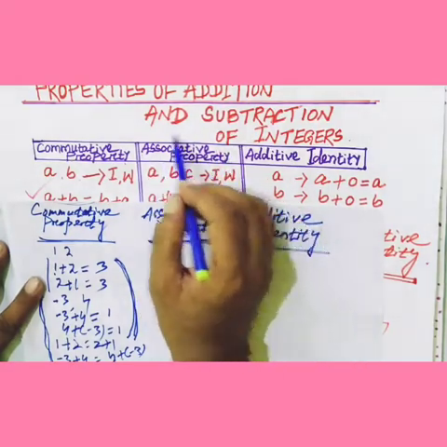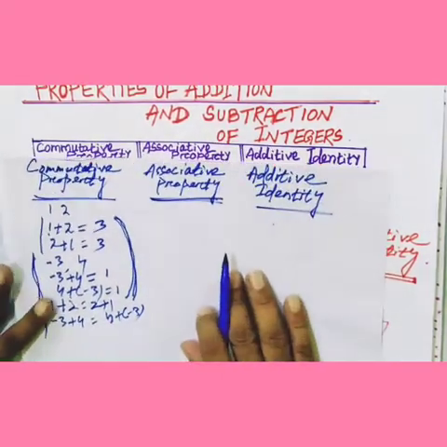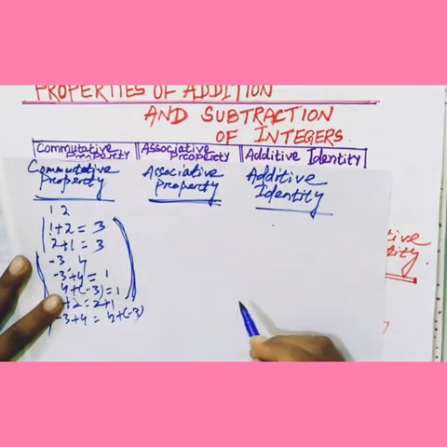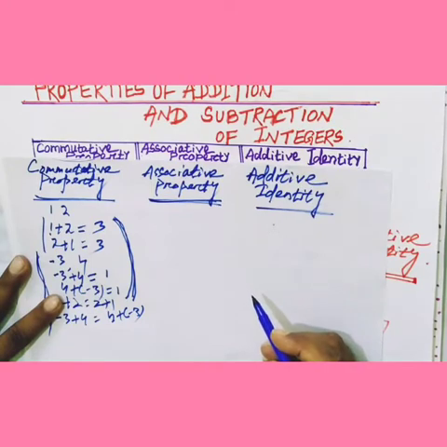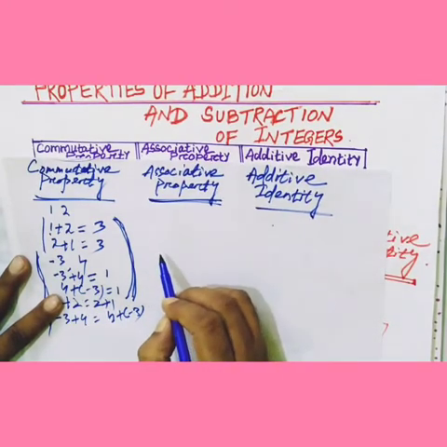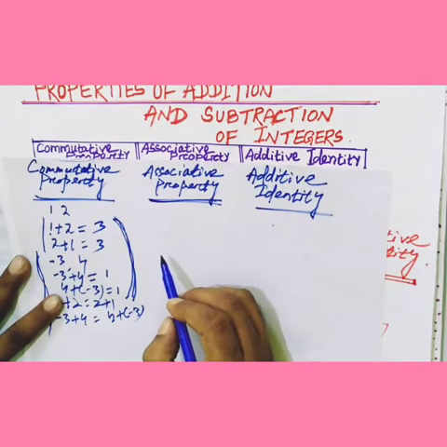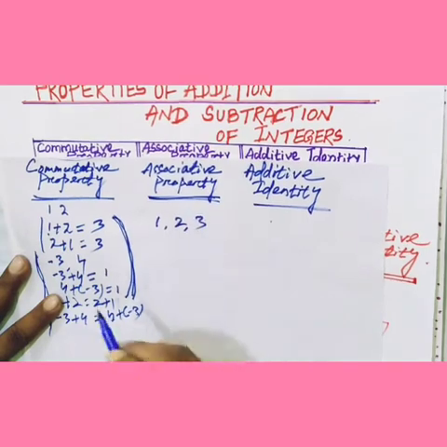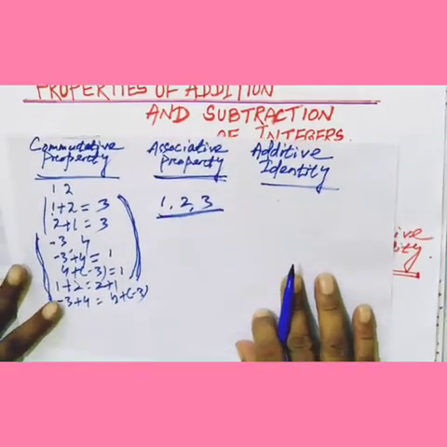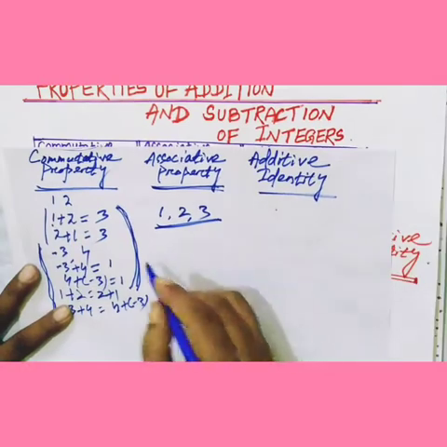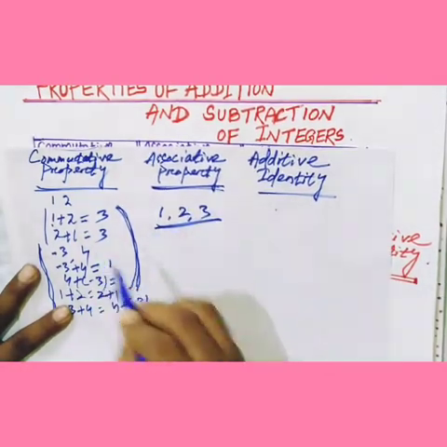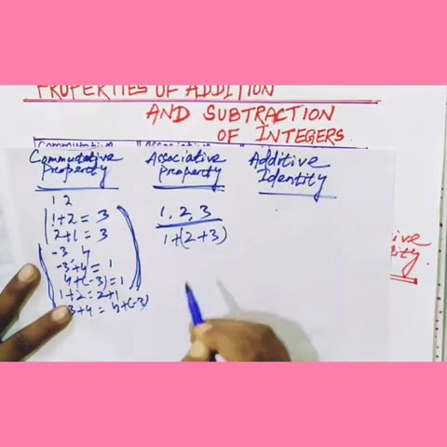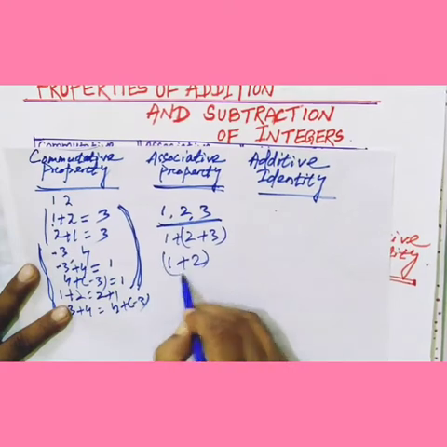What is the associative property? If we give some examples, it can be easily understood. So watch, observe, and give your attention. For example, take 1, 2, 3, three integers or whole numbers. We add these three numbers in different groupings: 1 plus 2 plus 3.